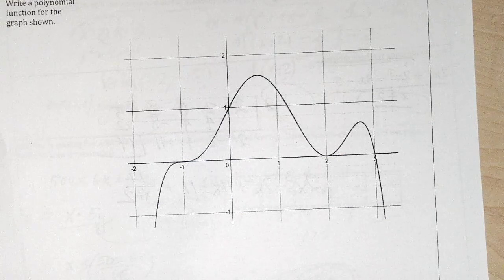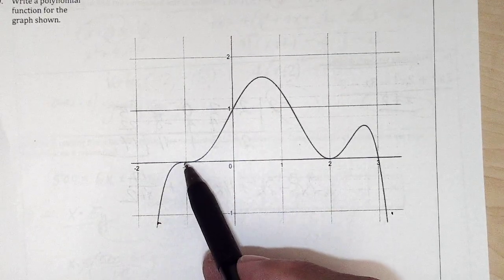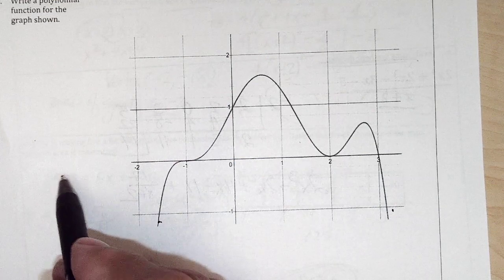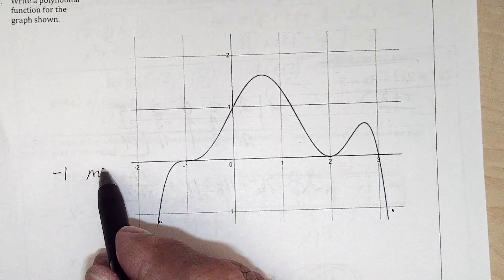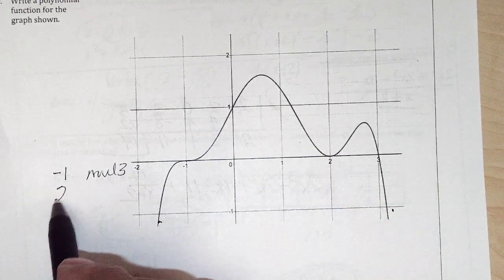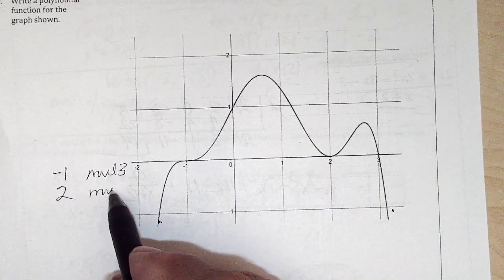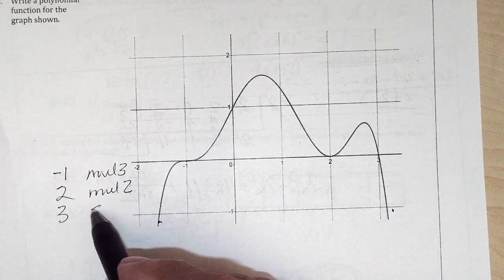And finally, write an equation for this. Both are down, so it has to be even degree. Looks like minus 1 is a triple. Multiplicity of 3. And at 2, it's a double. And a single at 3.